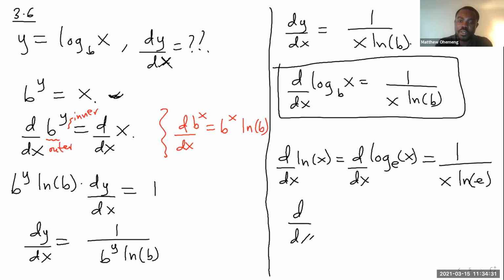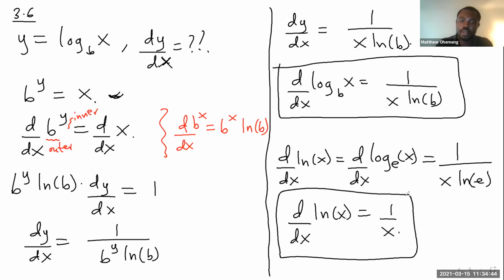That means d over dx of ln of x is just 1 over x. And there's also another takeaway, takeaway number 2. This is a more specific one. So the derivative of ln of x is just 1 over x.